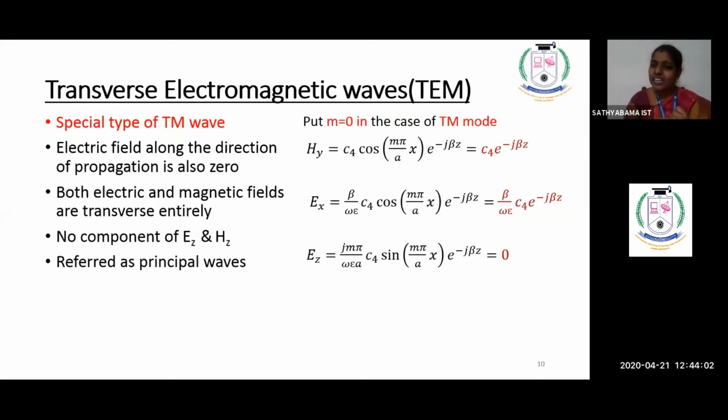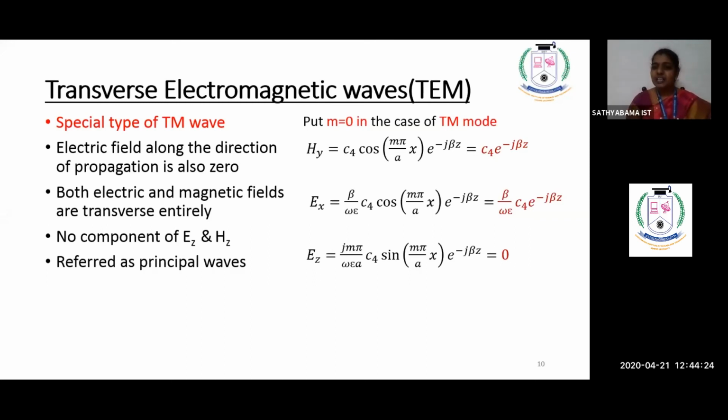Already for your TM wave, Hz is 0. Now when you substitute m equal to 0 in the answer of your TM wave, Ez also becomes 0 in the last line, and your Hy and Ex have values. So the criteria is met.